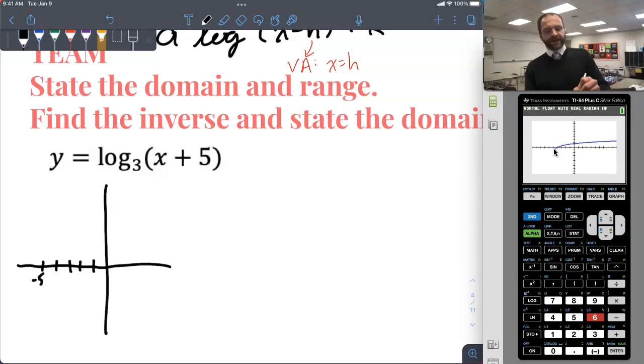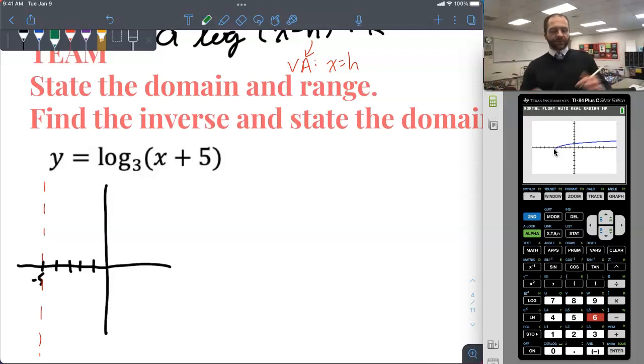So here's -5, and I'm just going to do dash, dash, dash. I need to graph the asymptotes for my logarithmic functions before I look at the calculator, before I physically start graphing over here, because the calculator is going to stop it. And you need to always finish it. So then I can go to my calculator, figure out the rest.